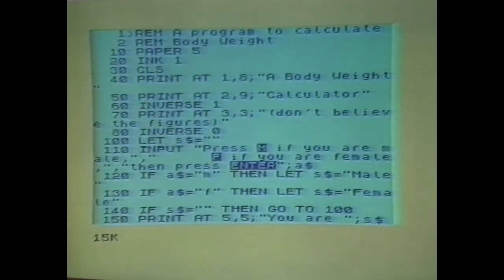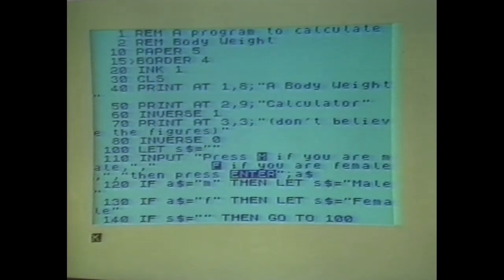Let's press the B key. We still have a flashing K cursor, and so we get BORDER. Let's ask for a green border, and green was above the number 4. Now when we press enter, the border hasn't changed color. That instruction hasn't been obeyed.